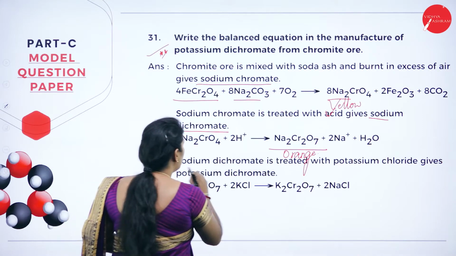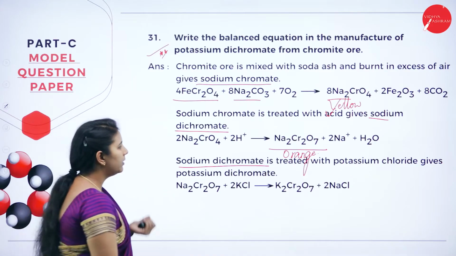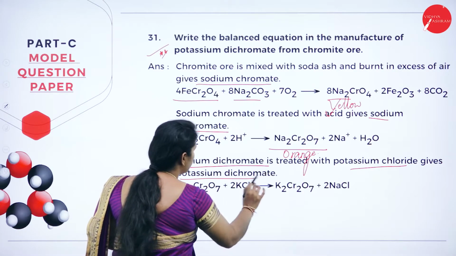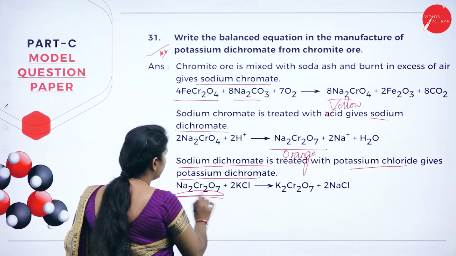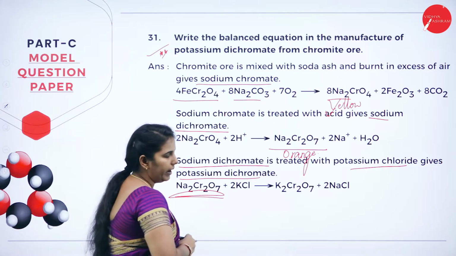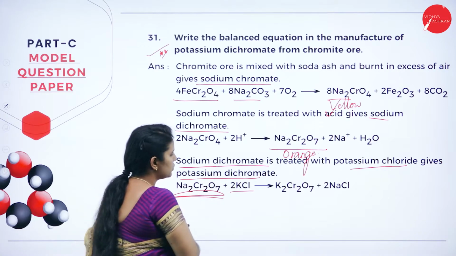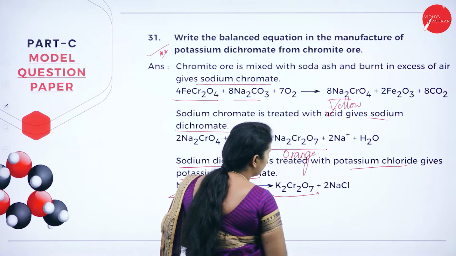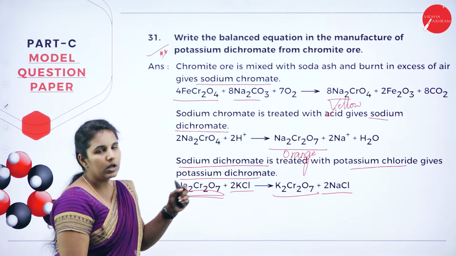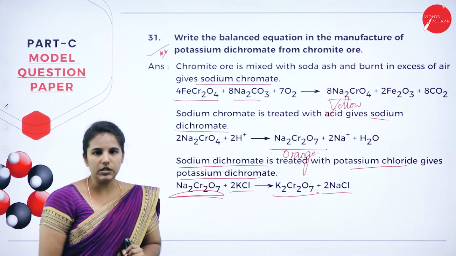Next, this sodium dichromate is treated with potassium chloride to give potassium dichromate. Again, you are taking that orange sodium dichromate, which is allowed to react with potassium chloride. Potassium replaces the sodium and forms potassium dichromate along with the formation of sodium chloride. This potassium dichromate is also orange in color.